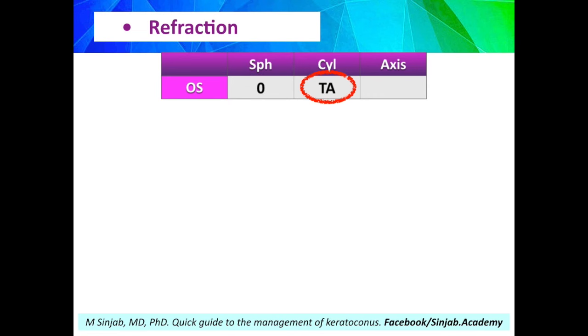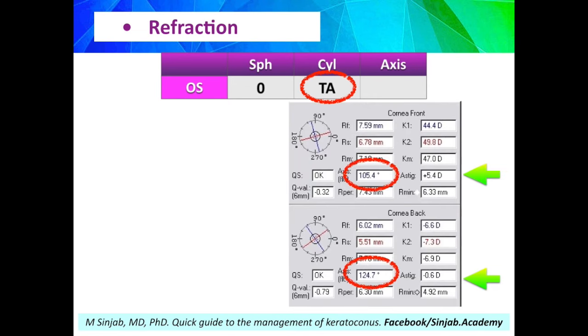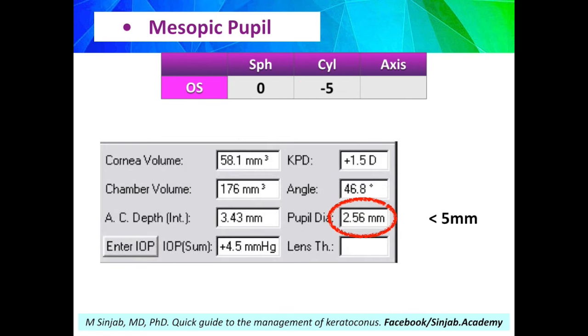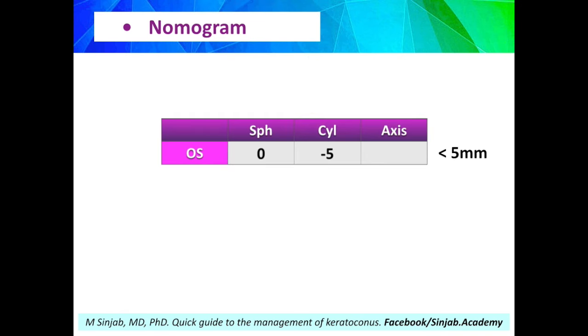Regarding the topographic astigmatism, it is the algebraic sum, and in this case, it is approximately 5 diopters. Although it is plus, I'm going to use it, as you see here in the table, as -5 diopters. Now, the mesopic pupil is smaller than 5 millimeter. And for the nomogram, this case is typical for the 6 millimeter type.